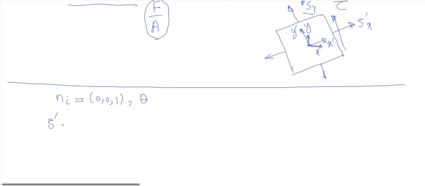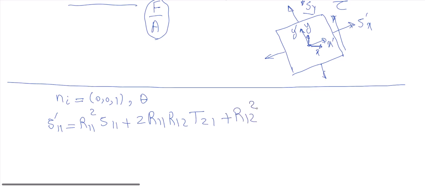So if you do that, then for example, for S prime 1, 1, you will get R11 square S11 plus 2 R11 R12 S12 and R12 square S22.